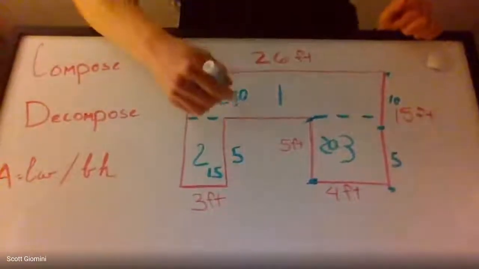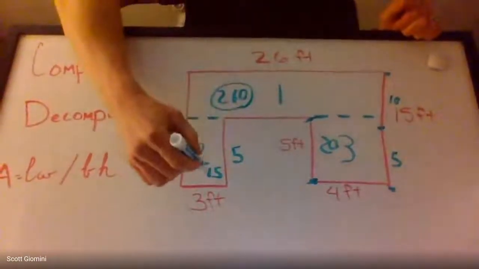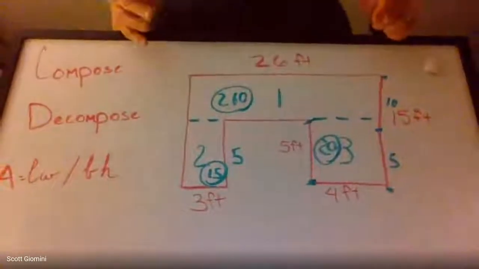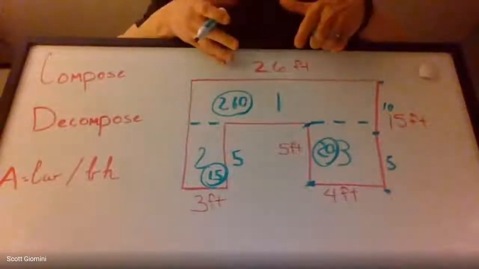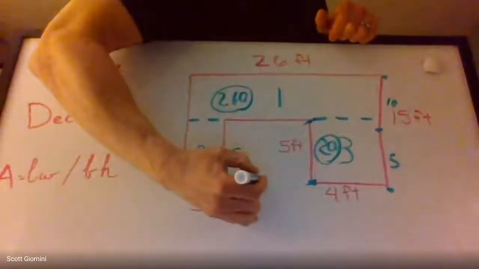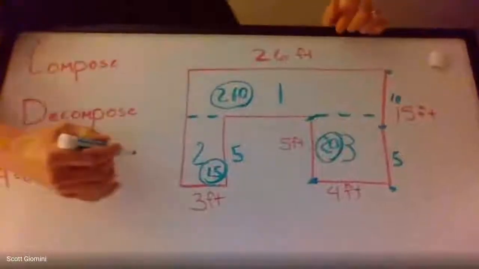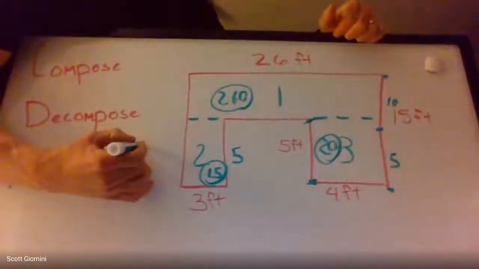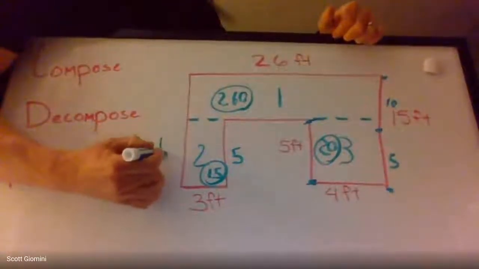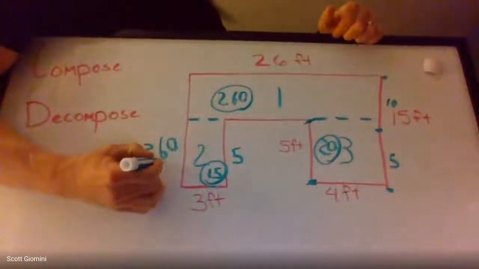But I have 3 separate areas. I have 260, I have 15, and I have 20. We need to take those 3 areas and merge them together. I will take the 260, plus we said 15, plus we said 20.